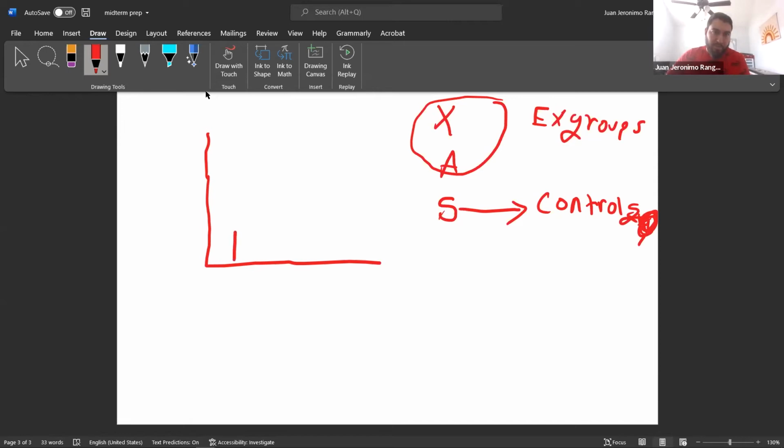So we have soil, we have fertilizer X, and then we have fertilizer A. If we were just comparing these two, we wouldn't know that fertilizer X is bad for the plants.